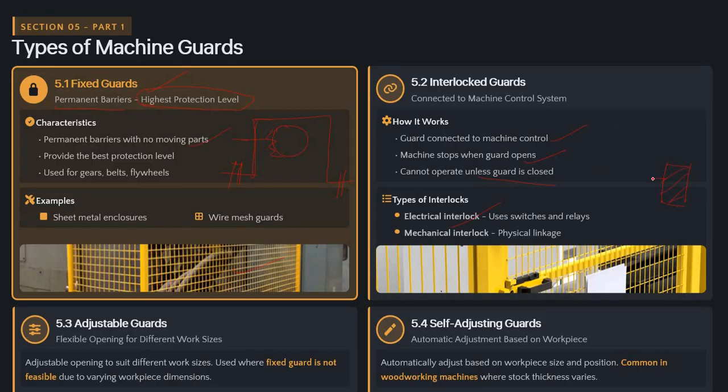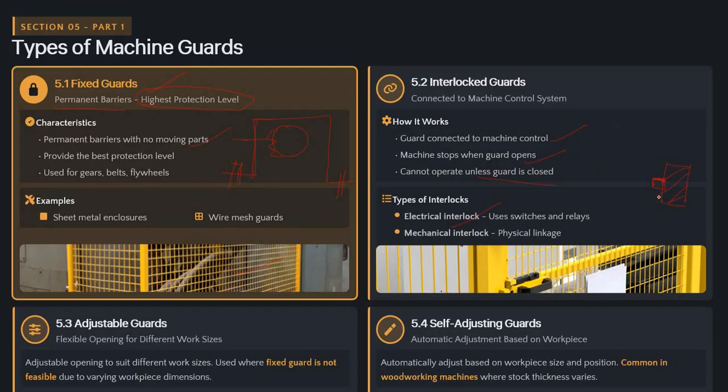Then we have some kind of mechanical lock provision, like your daily almirah, where there is a knob with a key.